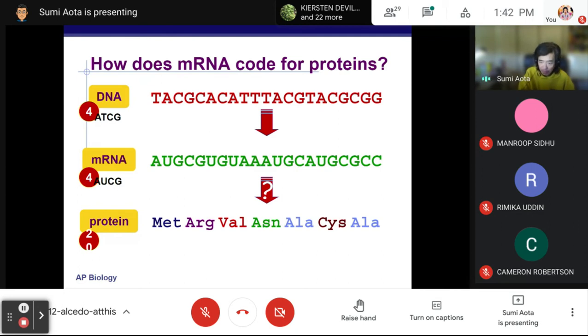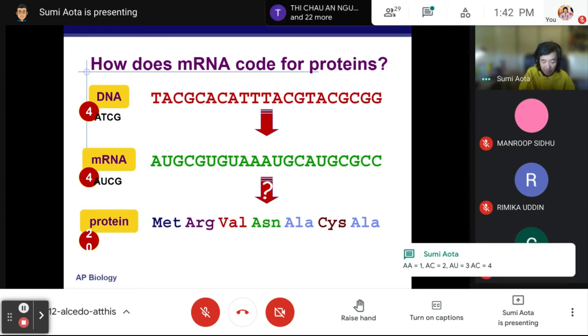If you let pairs of bases, so let's say AA equals one, AC equals a second, AU equals a third, and AG equals a fourth amino acid, that gives us 16 combinations. Still insufficient because we've got 20 amino acids.